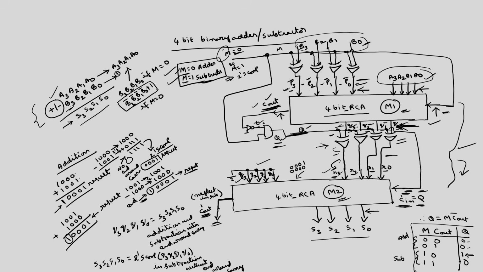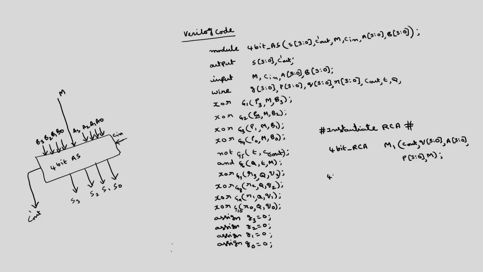Okay. Now, for the second RCA, if you want to instantiate, what will be the inputs and outputs? The inputs are R3, R2, R1, R0, this we have already generated using Q3, Q2, Q1, Q0. And then this is ground, and this one is Q itself. This Q I have already generated. So, second one is 4-bit underscore RCA M2 block. What are the final outputs of this one? C out dash is the final output, that is the fifth bit in case of adder.